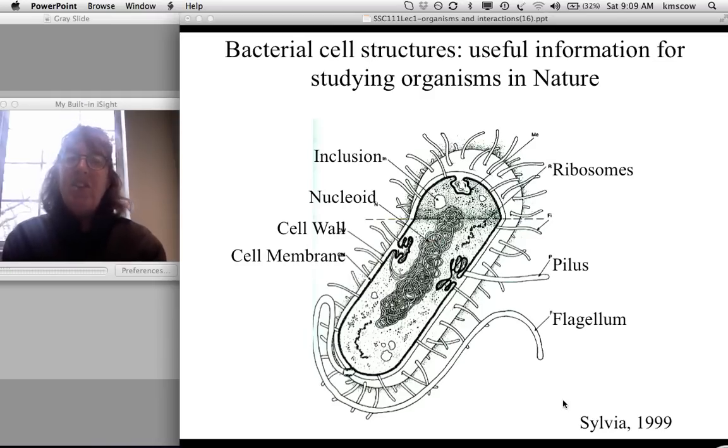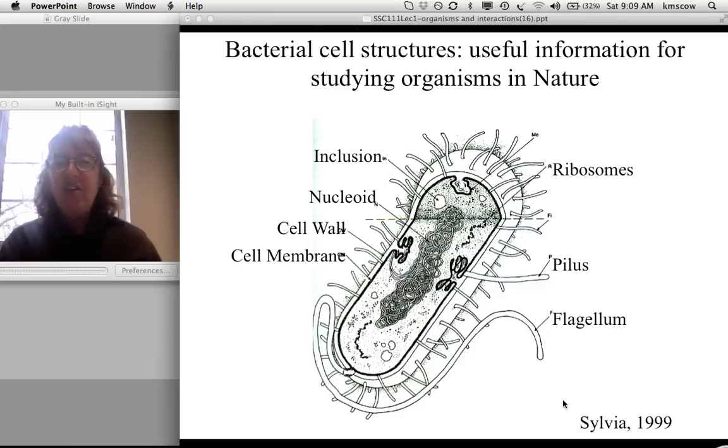So let's take a look at a generic bacterial cell. I don't know that it's a gram-negative, but it's a bacterium, and a rod is what I'm trying to say. And you can see that there's a lot of information about them.